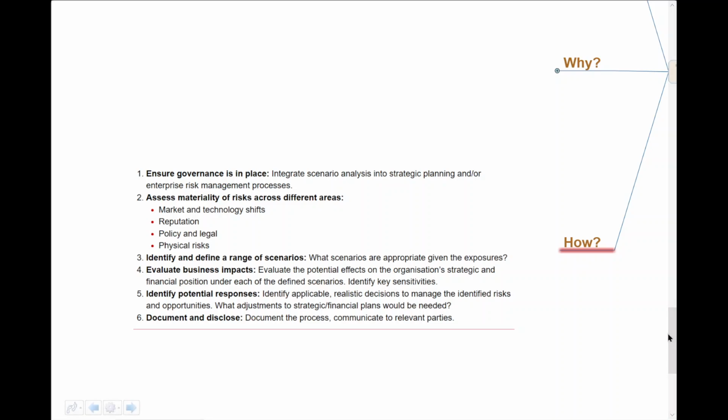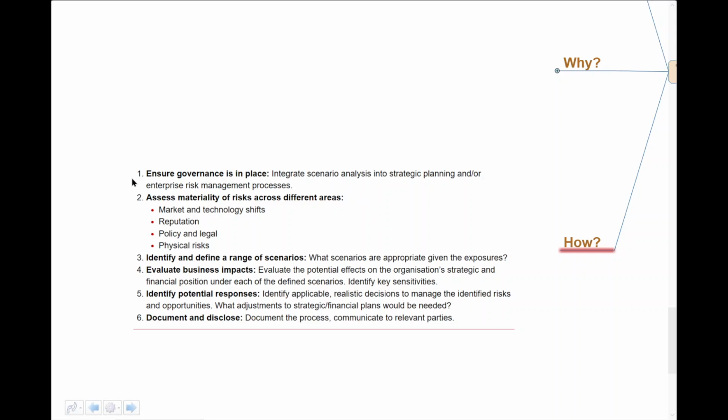They suggest some good or best practice in relation to scenario planning. This is why I think the ACCA have included this, because this list of points is very good. It's a set of steps as to how to use scenario planning in the best way.